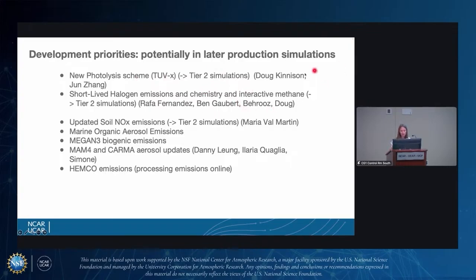And then hoping to also have our updated soil NOx and others here, marine biogenic emissions, methane biogenic emissions. Also focusing more on improving the MAM4 or 5 and CARMA chemistry, aerosol work, and we will continue including the HEMCO emissions and also including them in COMPSETs in the future.